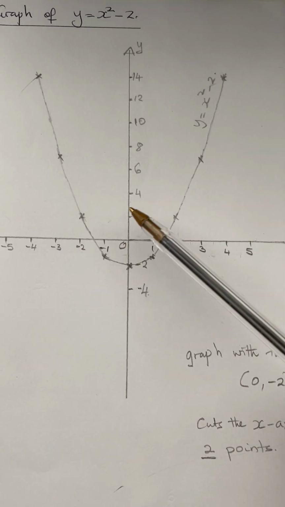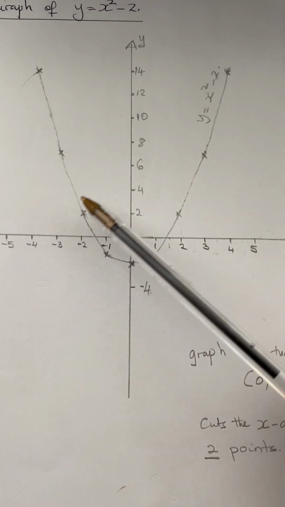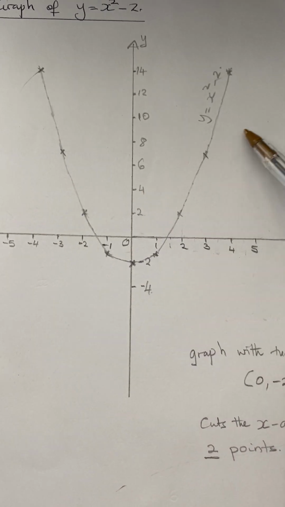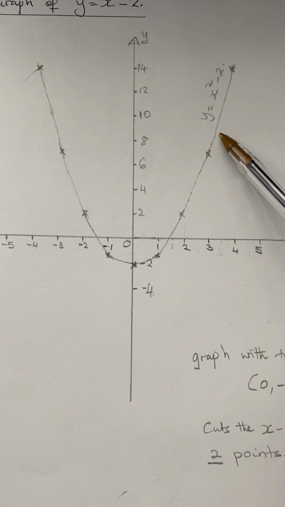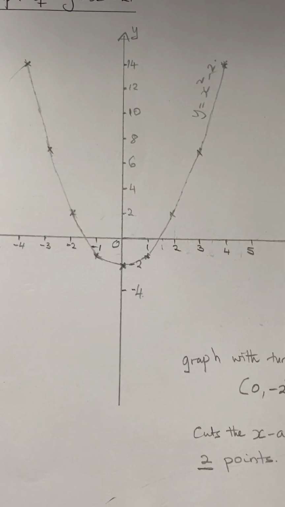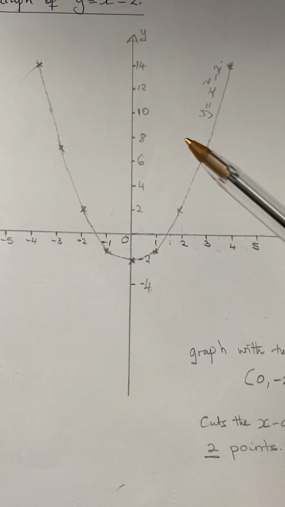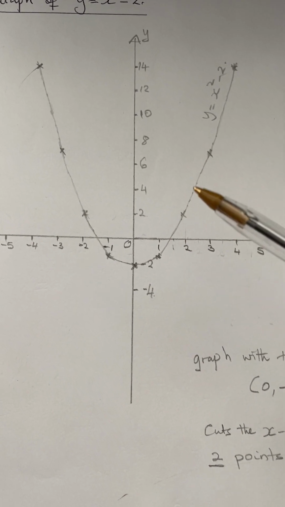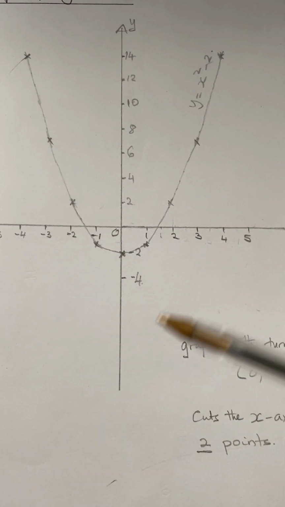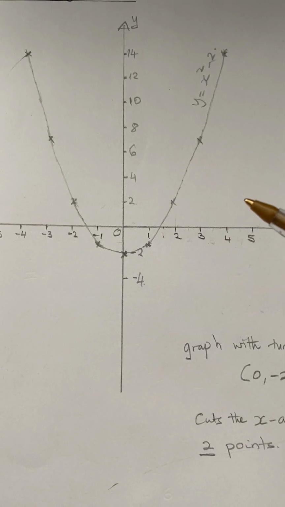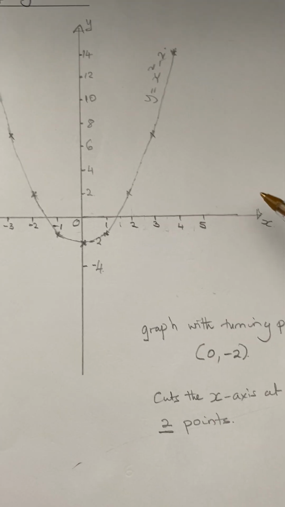So tomorrow we might have another curve and then we might have another linear line and then we'll see where it cuts. And we'll discuss that. And then maybe if we have time, we might draw 2 quadratic graphs and see where they intersect. And then we'll have time to explain all of that. So at the moment, this is what we have today.